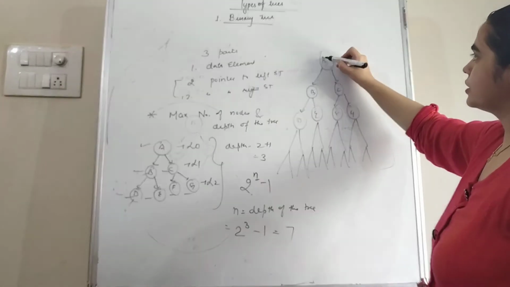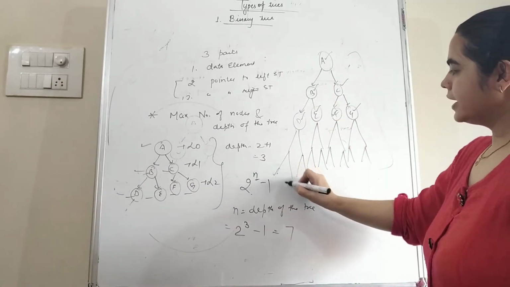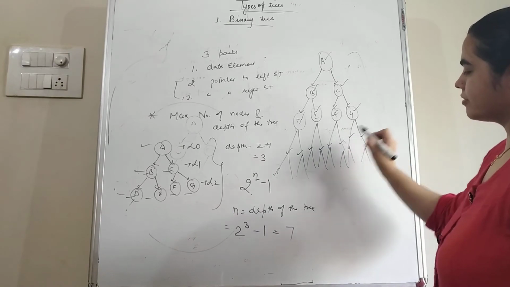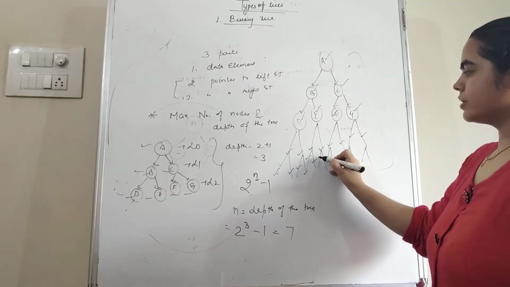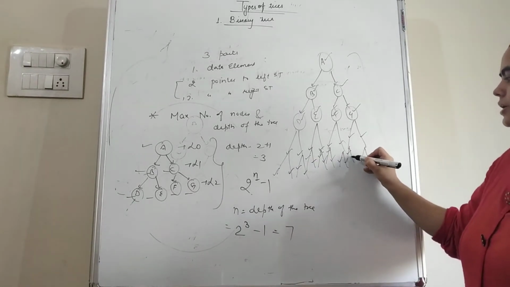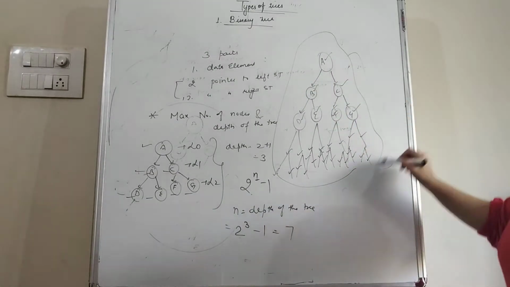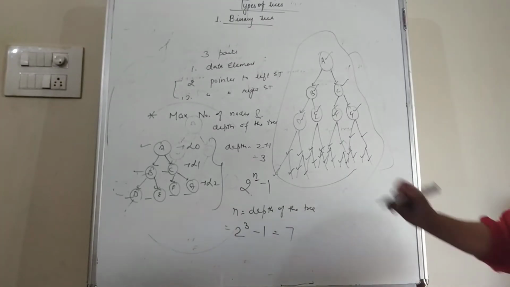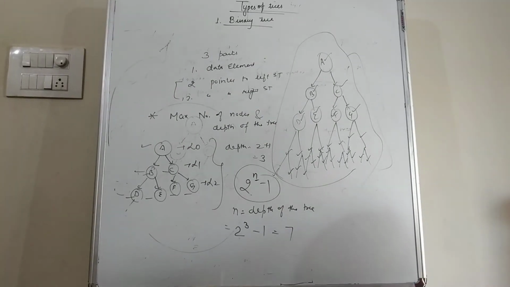Now you can calculate the nodes 1, 2, 3, and so on up to 30 and 31. So that means in order to complete this binary tree, maximum number of nodes required are 31. So this is how you can calculate using this formula 2 raised to power n minus 1.